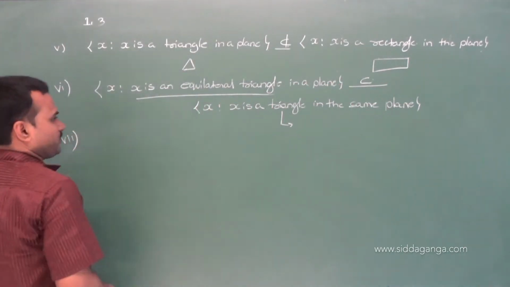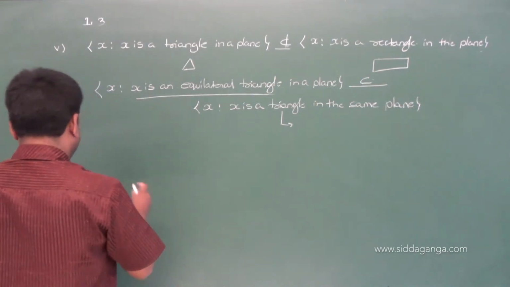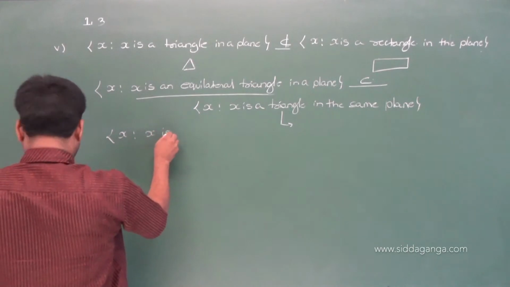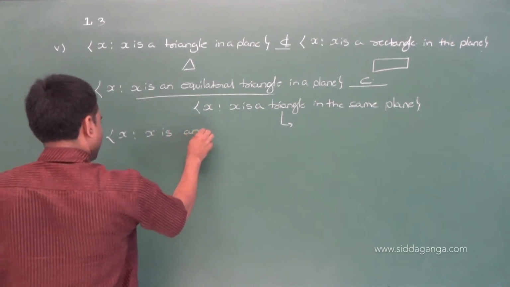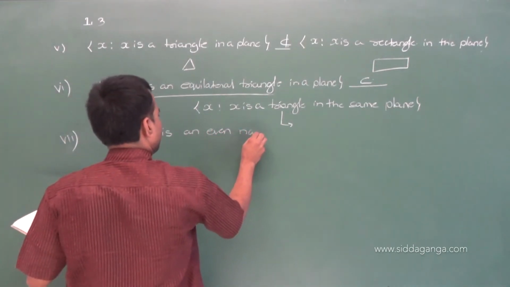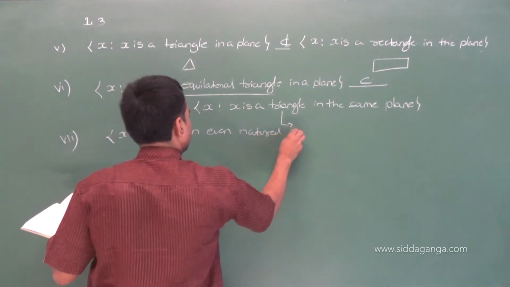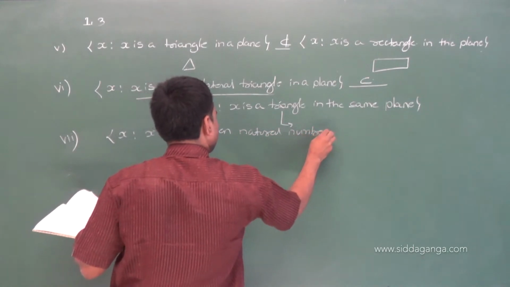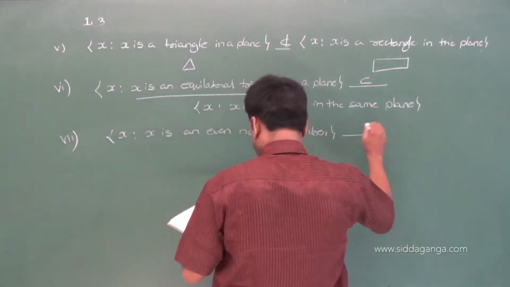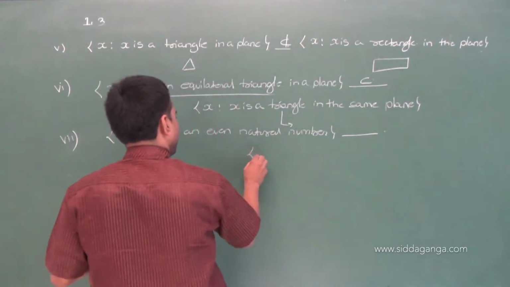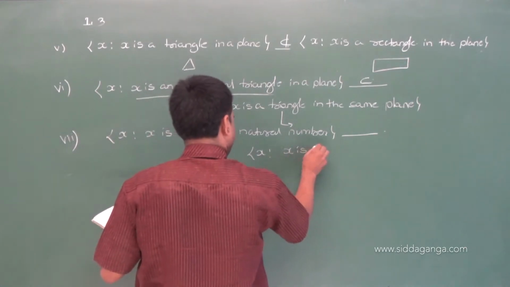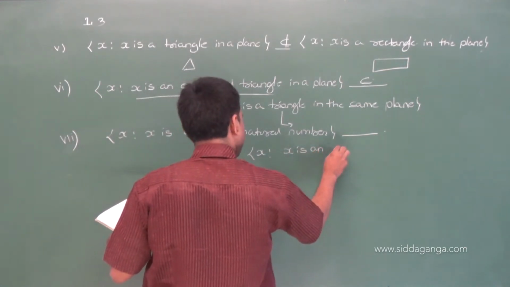Seventh question. X such that X is an even natural number. I write below, X such that X is an integer.